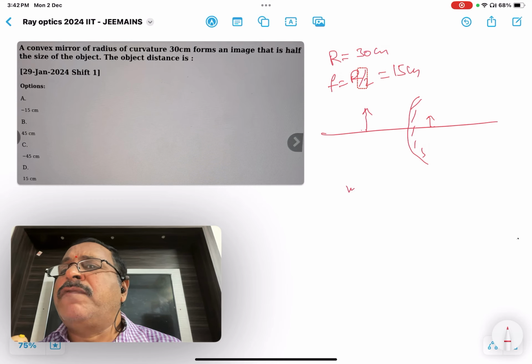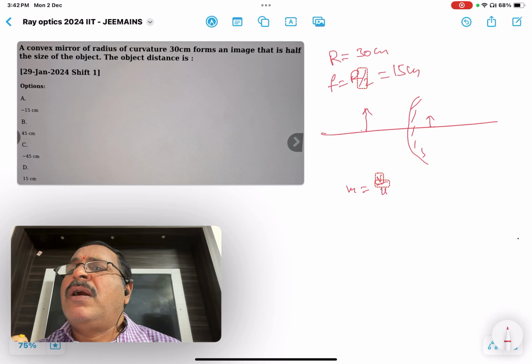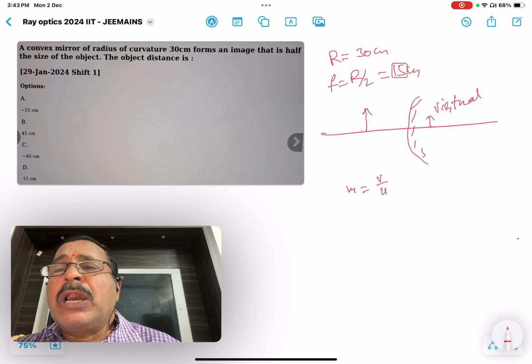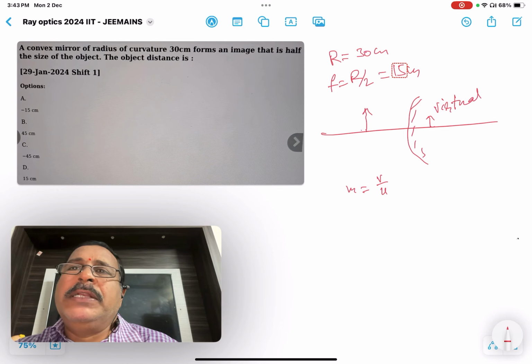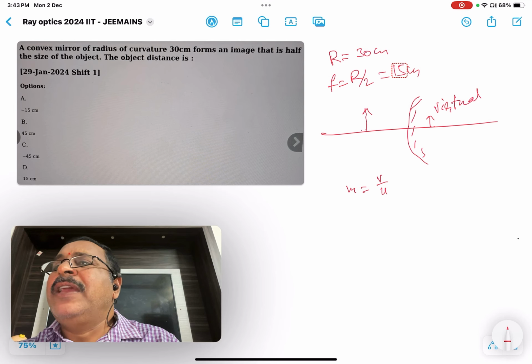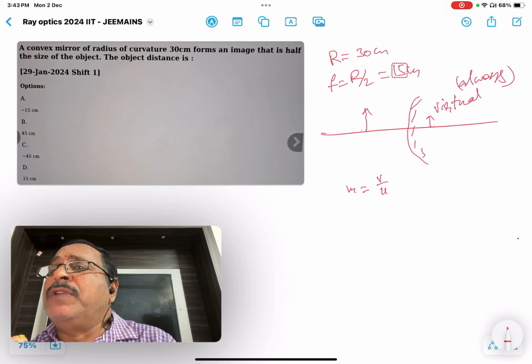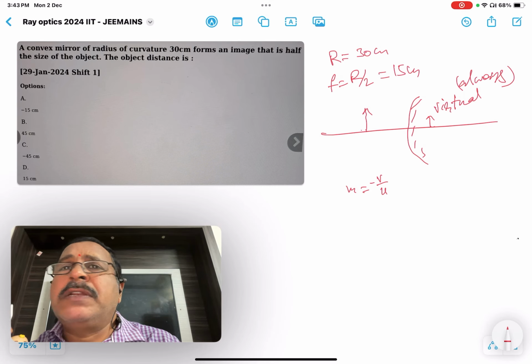So the magnification formula is given there, v by u. It is a virtual image. Remember this point: a convex mirror always gives a virtual image. For a virtual image, the magnification formula is m equal to minus v by u.